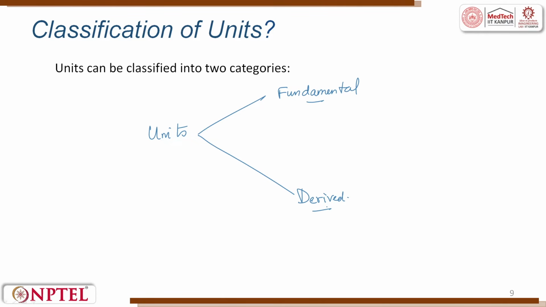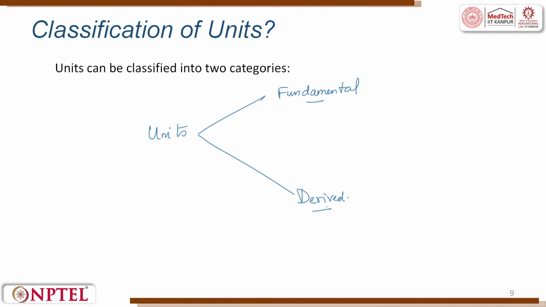Why do we have derived units? Maybe some objects or situations are there where you can't use the fundamental one, but you extract from the fundamental and have a new unit, which is called a derived unit. From here you will be able to go back to the fundamental unit.